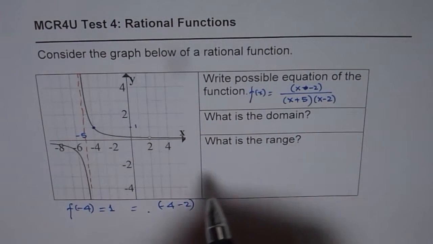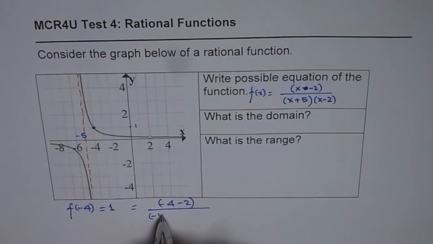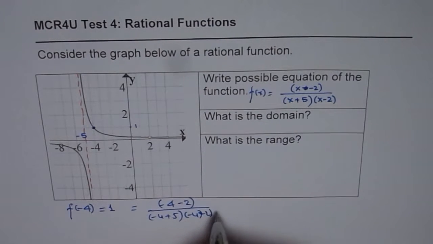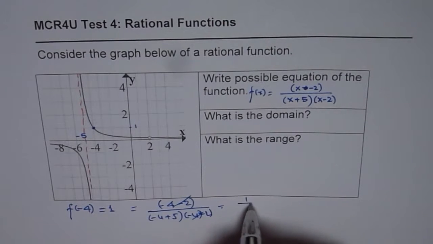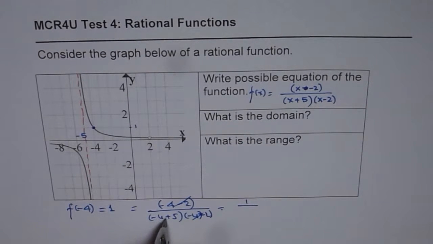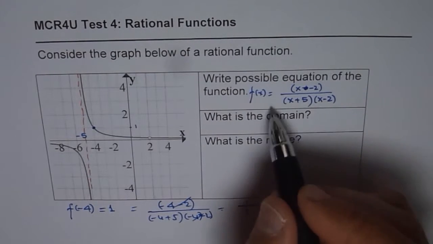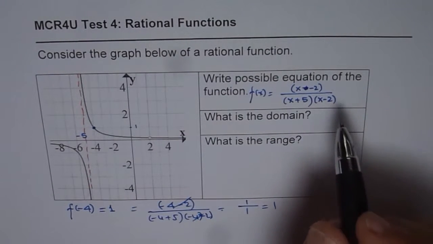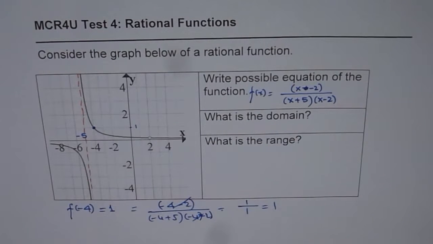Well, this will cancel out. Minus 4 plus 5 times minus 4 minus 2, right? This actually cancels. So we have 1 over minus 4 plus 5, which is 1. So indeed we get 1. So this equation is perfect. So that becomes the possible equation for the given function, right?